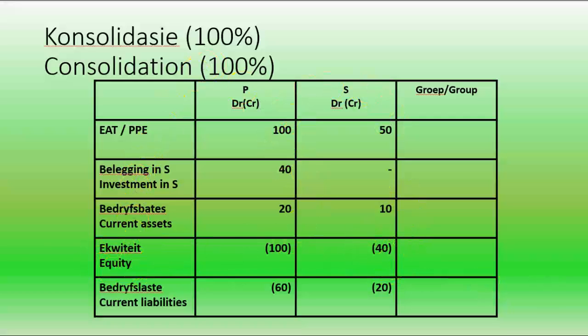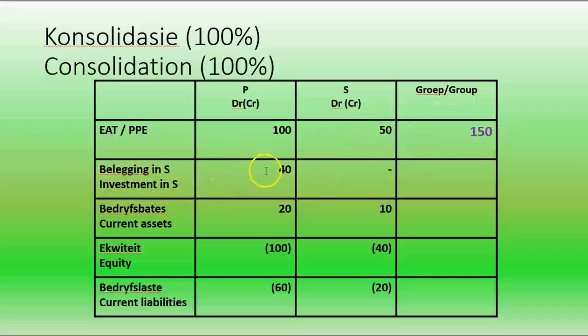So now I'm going to consolidate, and the group is going to show what? Assets and liabilities I'm going to add together, but I must eliminate common items. There are no common items under PPE, so my total group is going to have PPE of 150. I'm going to add 100 and the 50, which gives me 150.